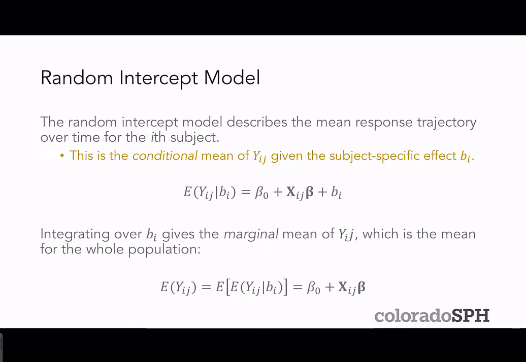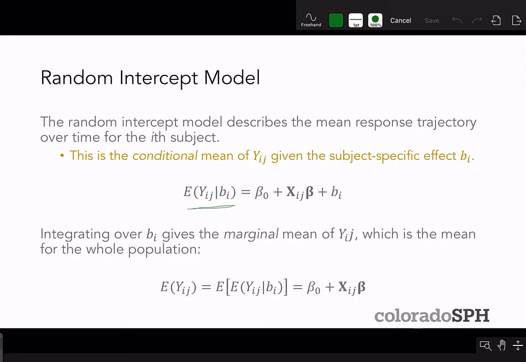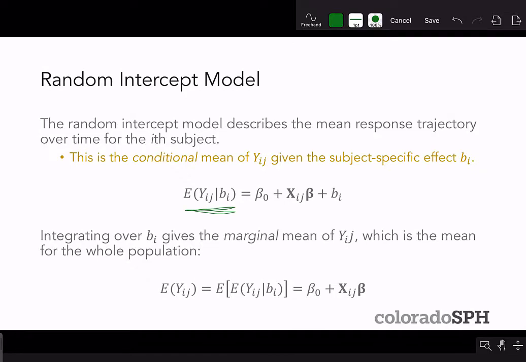So the random intercept model describes the mean response trajectory over time for the ith subject. If you take the expected value of the model in the previous slide, which we're doing here, it gives you this value here, and this is the conditional mean of the outcome y given the subject-specific effect bi. That is the mean response trajectory for that subject.